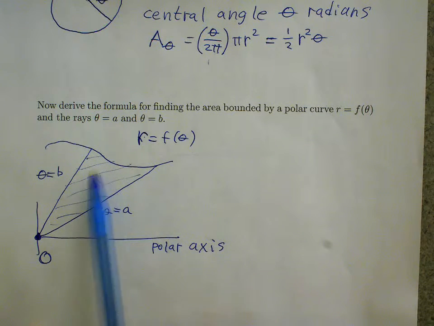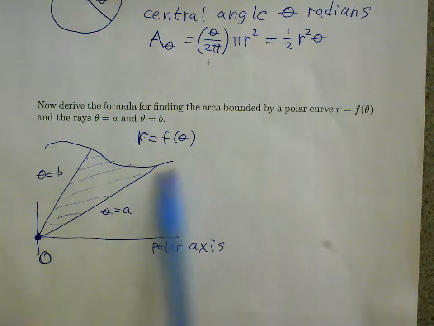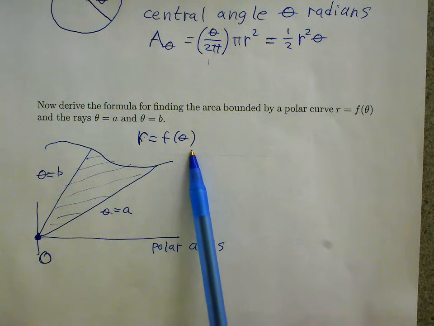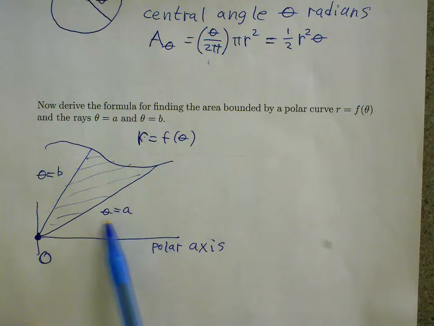So this polar region is bounded by the polar curve r equals f of theta and the rays theta equals A and theta equals B.